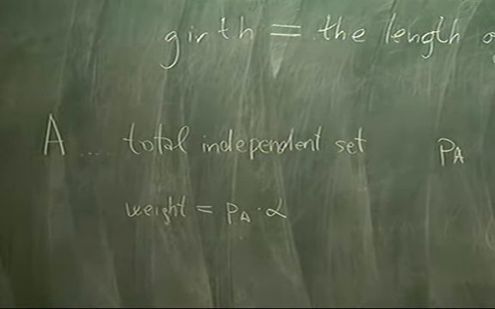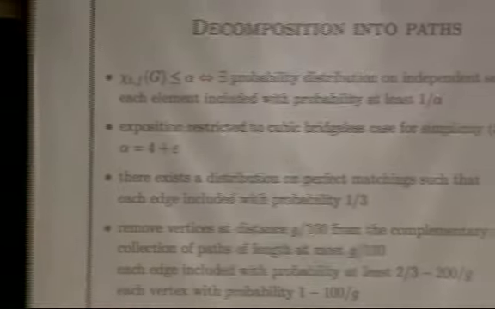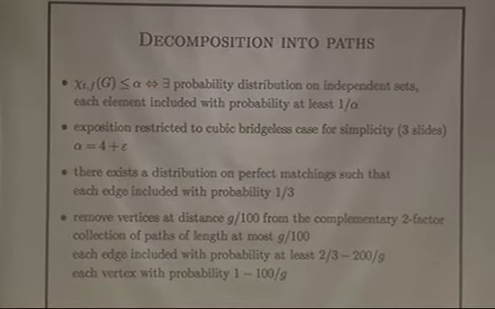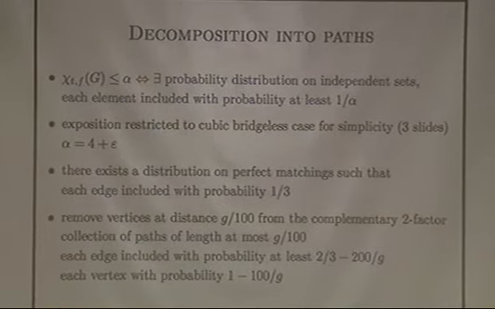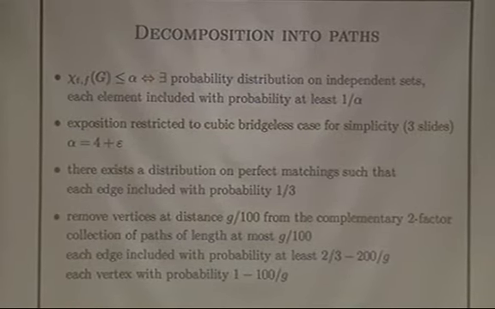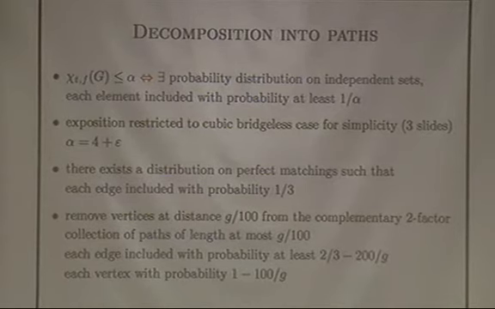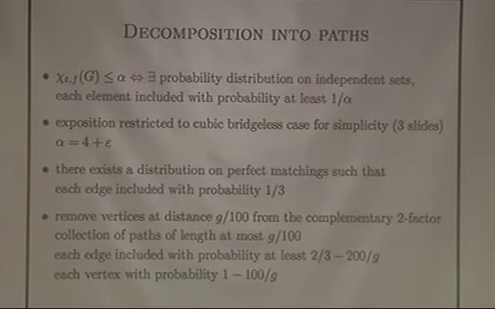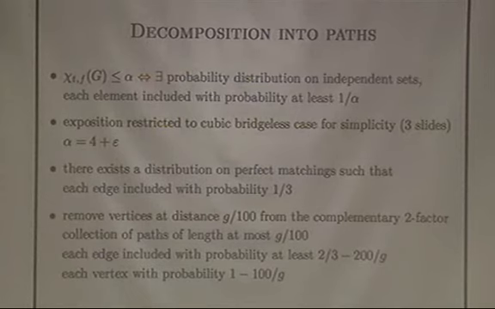The reason is that since every element was in a chosen set with probability at least 1 over alpha, the weight of the sets containing it is at least the sum of the probabilities times alpha, which is 1. And the total sum of all the weights, which before was 1 because it was just the sum of the probabilities, after multiplying by alpha is equal to alpha.